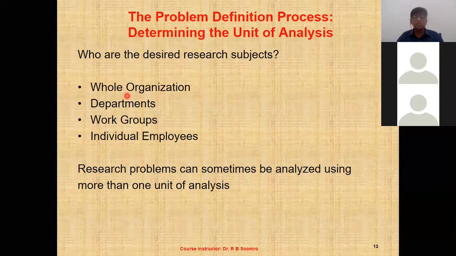What are the reasons? A research problem can sometimes be analyzed using more than one unit of analysis. Sometimes the problem may be of the whole organization and the department. The problem may be of two units, or of three units.